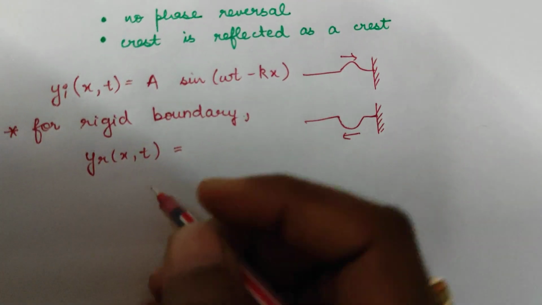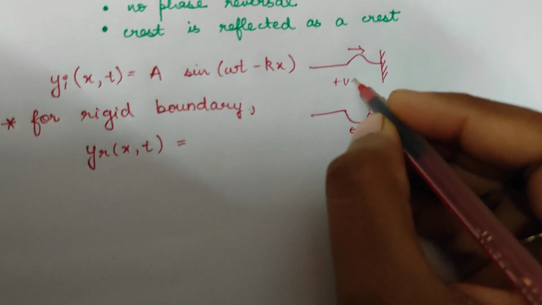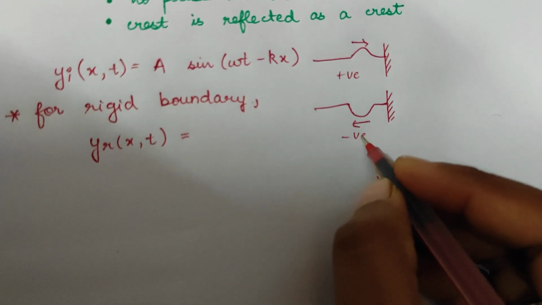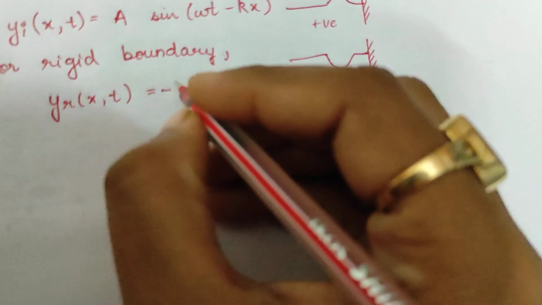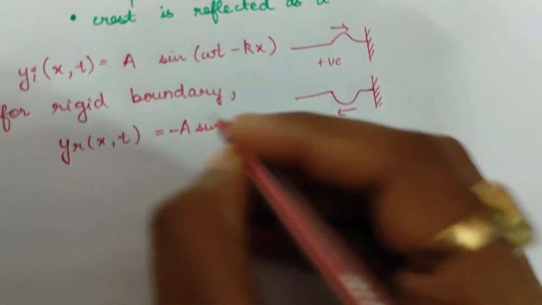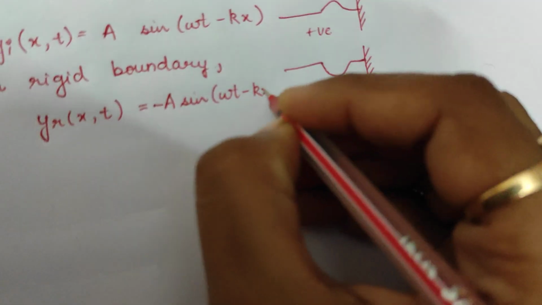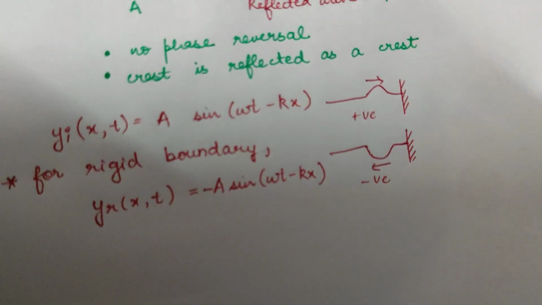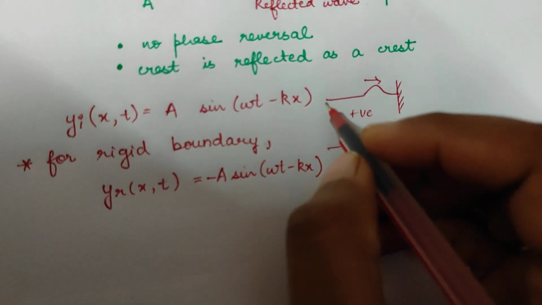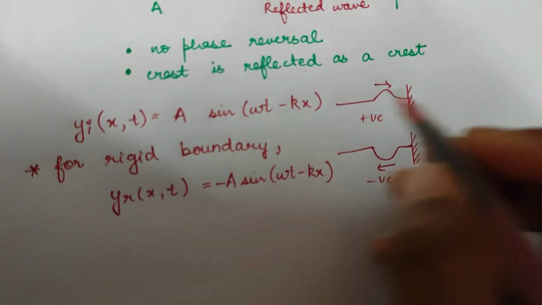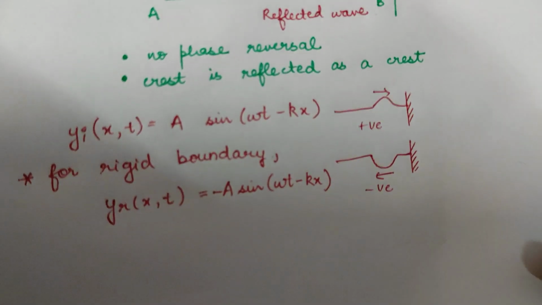As it travels in the opposite direction, this is the positive x direction, this is the negative x direction, so first of all we get a negative sign along with a sin ωt. Now there will be a minus or plus. If you remember, in the case of displacement of a progressive wave, I have told you that if a wave travels along the positive x-axis, it will have the equation a sin(ωt − kx).